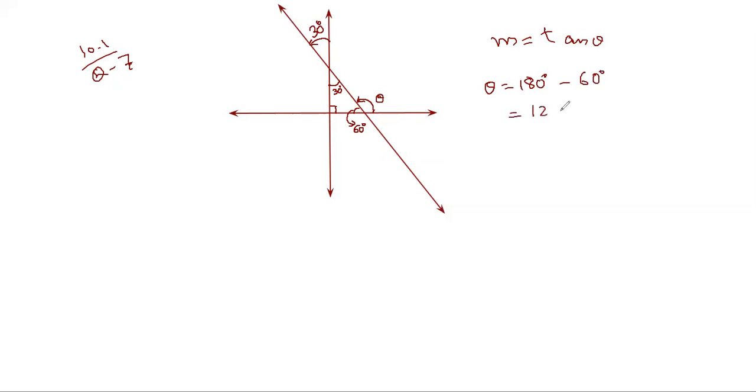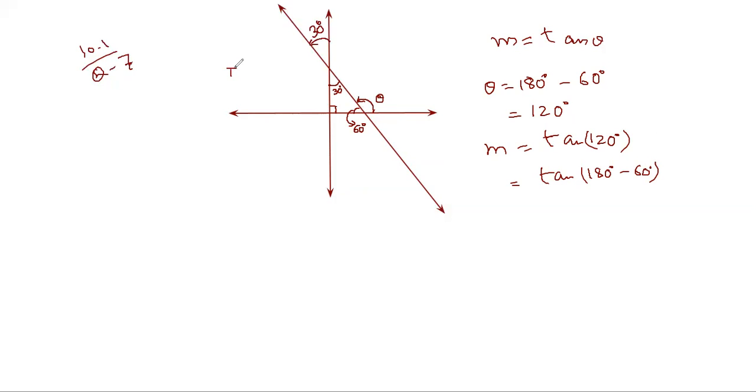So 120 degrees. So you have to find m is equal to tan 120 degrees. How will you find tan 120 degrees? Again, you can split 120 degrees into 180 minus 60 degrees. So 180 minus theta means second quadrant.